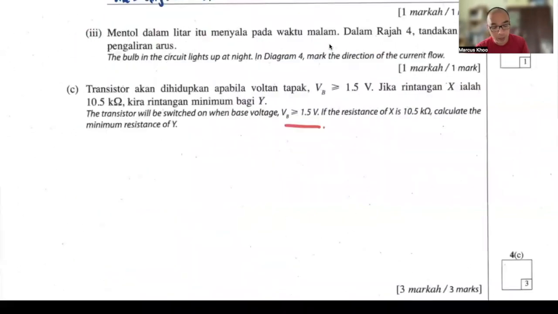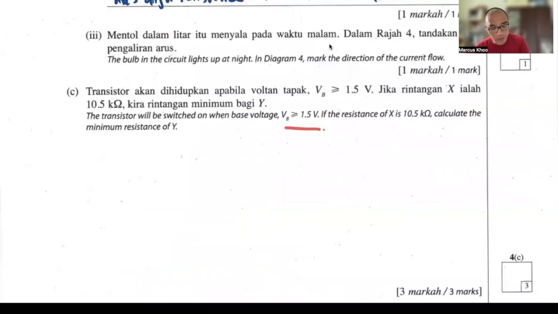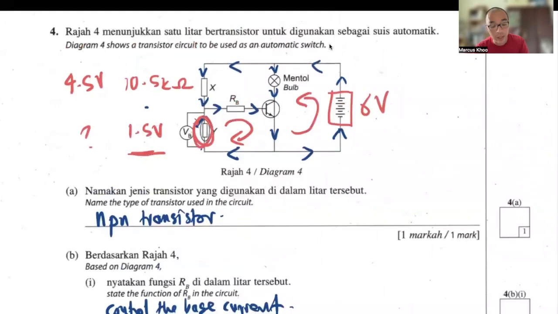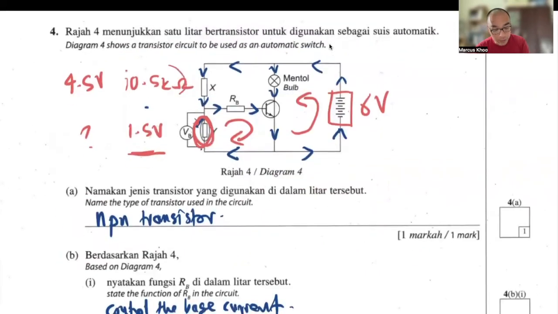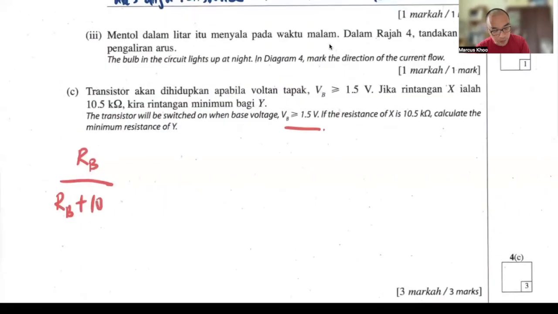We know that the resistance of RB is what we want to calculate. So RB over RB plus the total, 10.5, equals 1.5 volts over the total voltage, which is 6 volts.